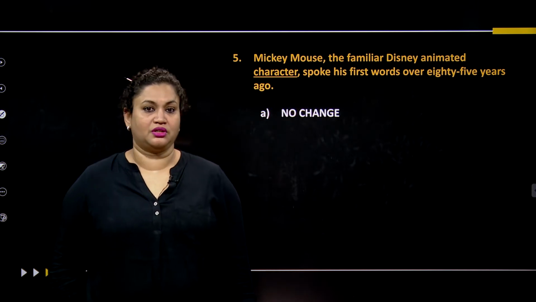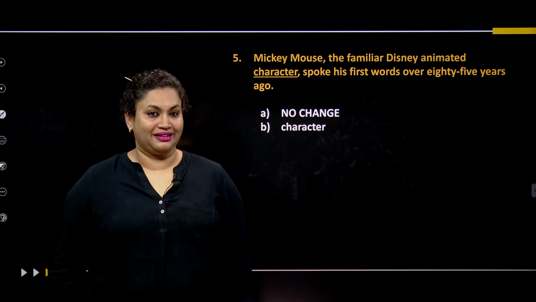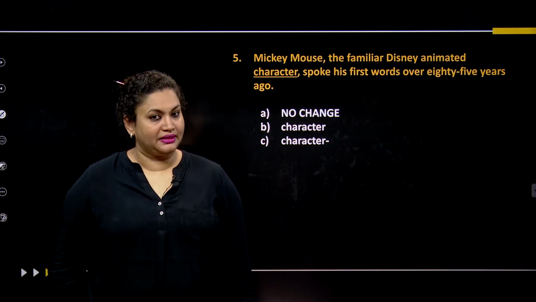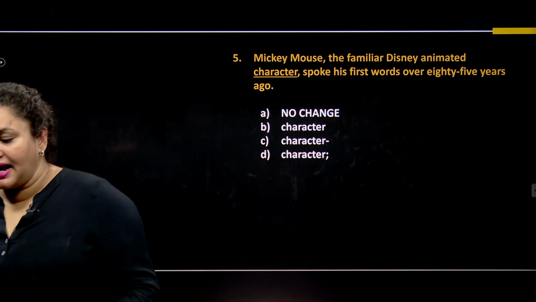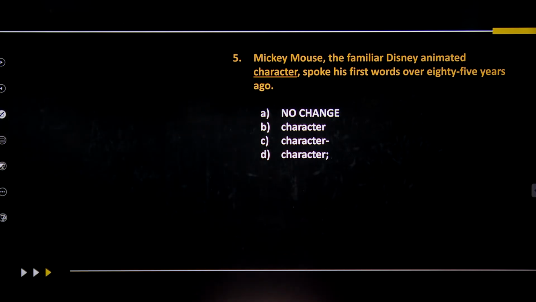No change. Character, character and character. Let's check. Please understand, with the questions that we are going to do today, all your assumptions, presumptions, and misunderstandings about each punctuation mark should be eradicated. Let's start.